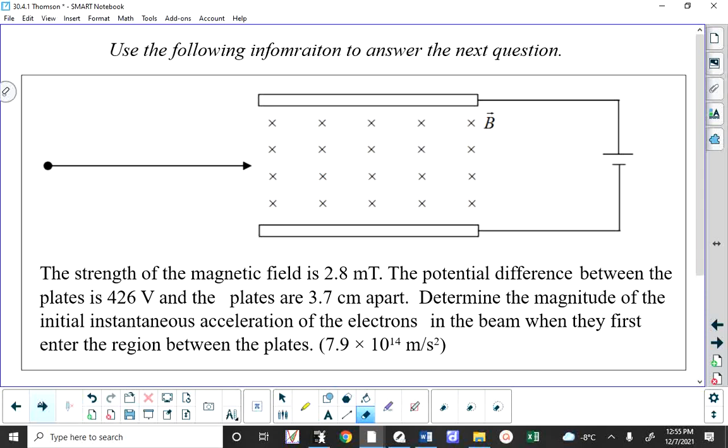On the other hand, if you take a look at the polarity of the potential difference, the positive terminal is on the top, and that's connected directly to the plate on the top.